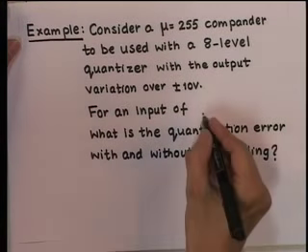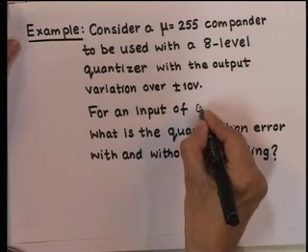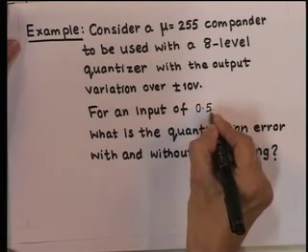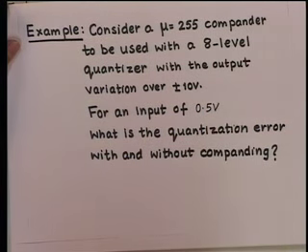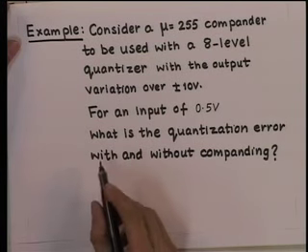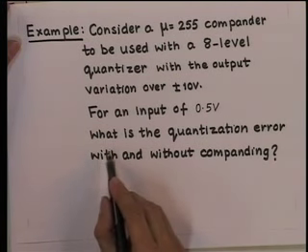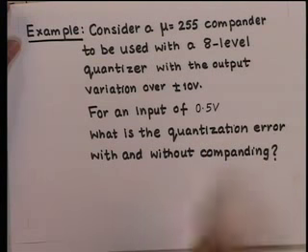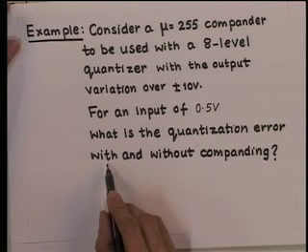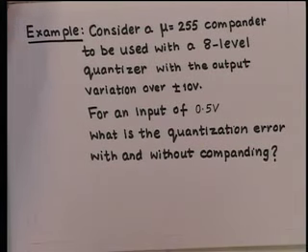For an input of say 0.5 volt, it is desired to find the quantization error with and without companding. So, let us try to provide the solution for this.